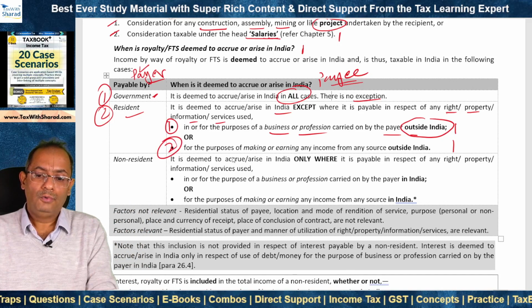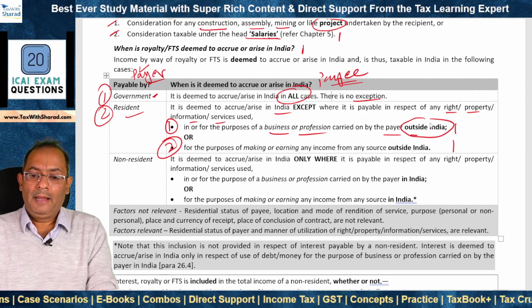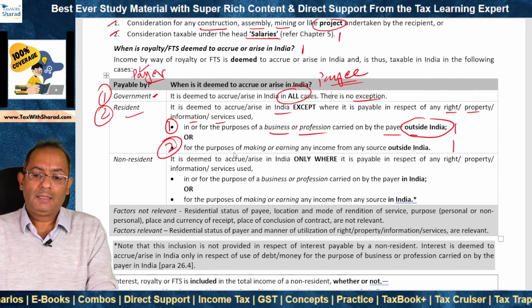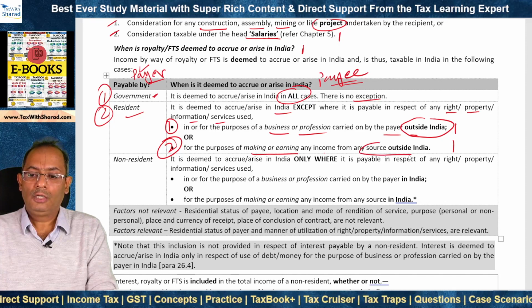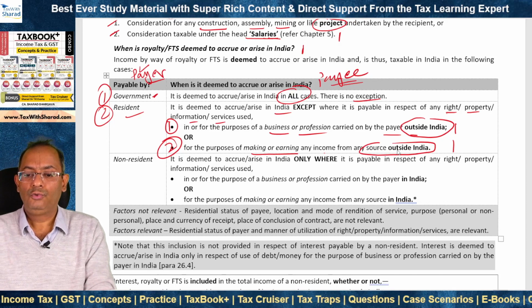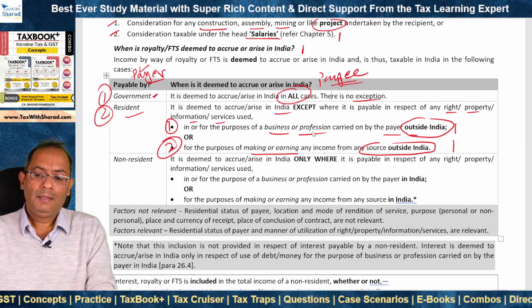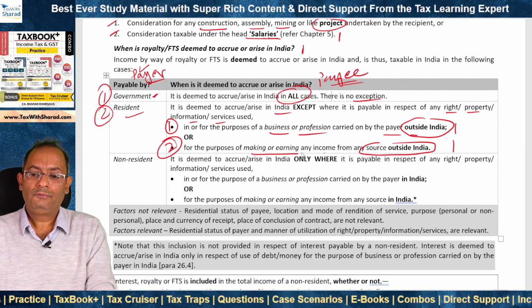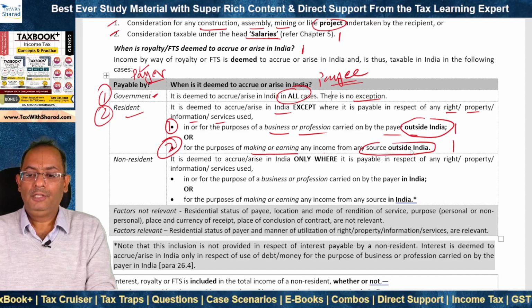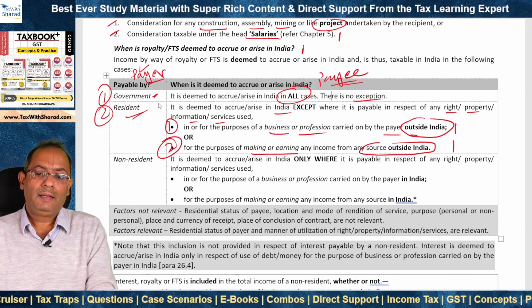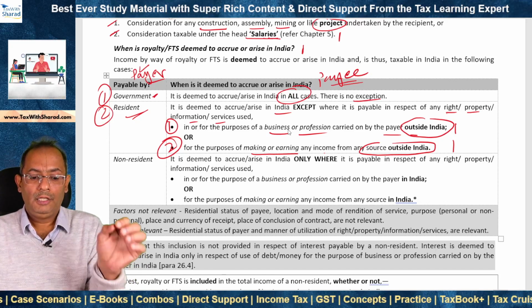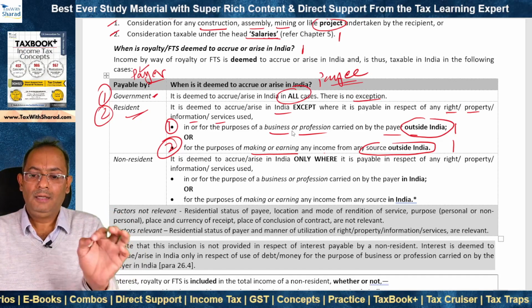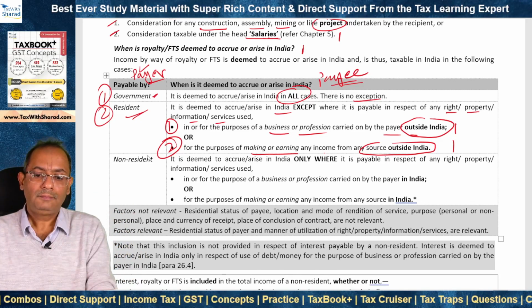Or two, where the right, property, information, services are used for the purpose of making or earning any income from any source outside India. So basically, where the usage is outside India, in a business or profession outside India, or for earning any income from any source outside India by the resident payer, then the income in the nature of royalty or FTS is not deemed to accrue or arise in India in the hands of the payee.